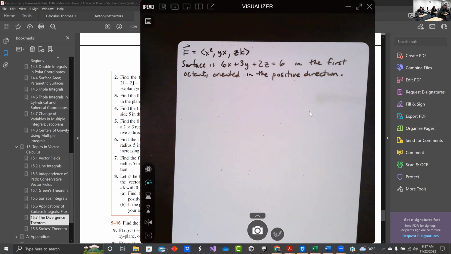You mind bringing up that whiteboard if you still have it with all the equations?